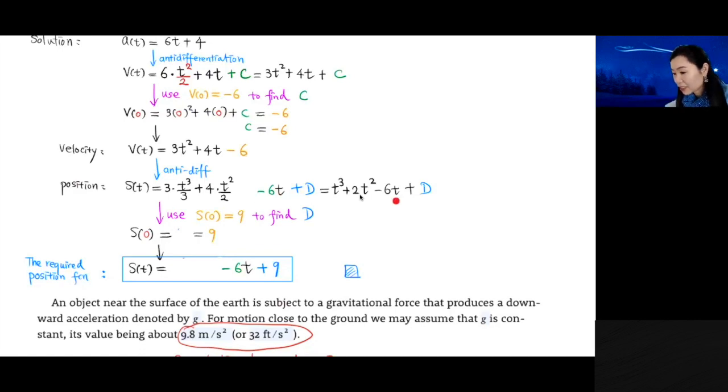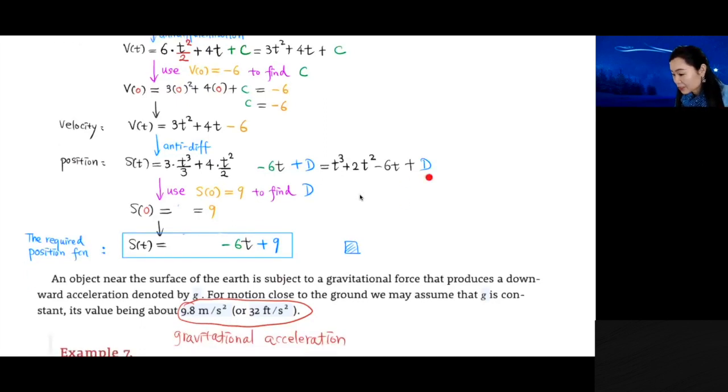Again, don't forget to put a constant plus d right here. Now you need to figure out this d using the actual condition they gave, which is s of 0 equal to 9. The initial position is equal to 9. So substitute 0 into t here, you get 0, 0, 0. So you get d, and s of 0 is equal to 9.